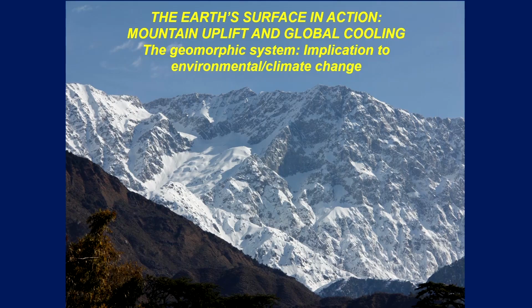So, the Earth's surface in action: mountain uplift, global cooling. I am giving an example of how the mountain building activity can also have an effect on climate change. Tectonics, or deformation which has been going on since past geological time periods, can affect the climate also.